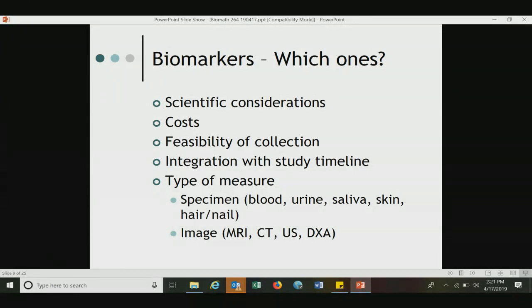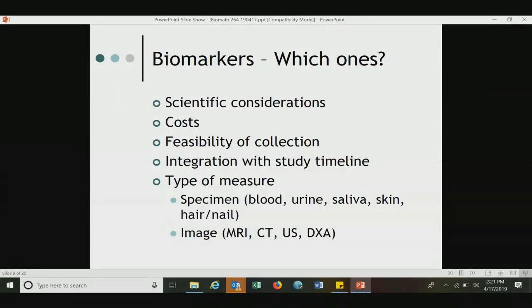Then you need to think about, how does the biomarker integrate with your timeline? You want to make sure that you measure the biomarker at the point where you can test your hypotheses appropriately. So you don't want to measure your biomarker too early or too late.